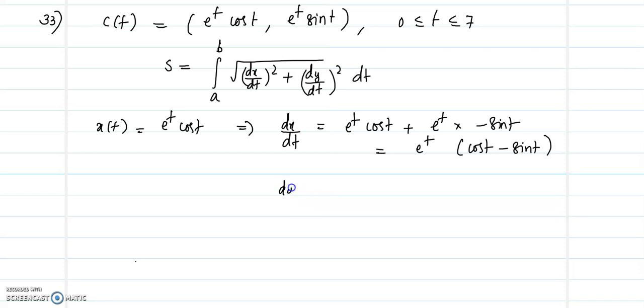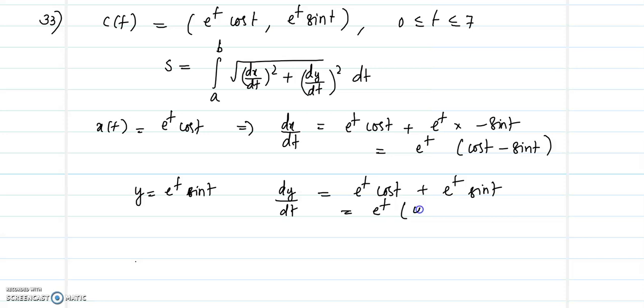Similarly dy/dt: y is e^t sin t, so the derivative will be e^t cos t plus the derivative of e^t, which is e^t itself, so e^t sin t. So we get e^t (cos t plus sin t).